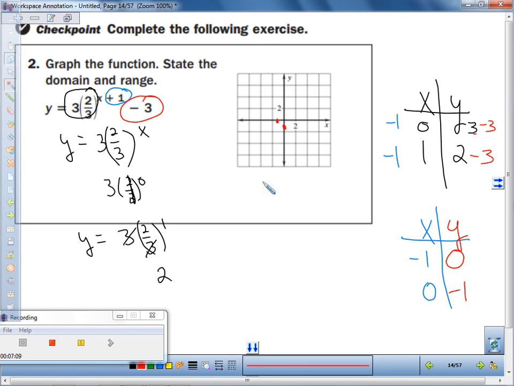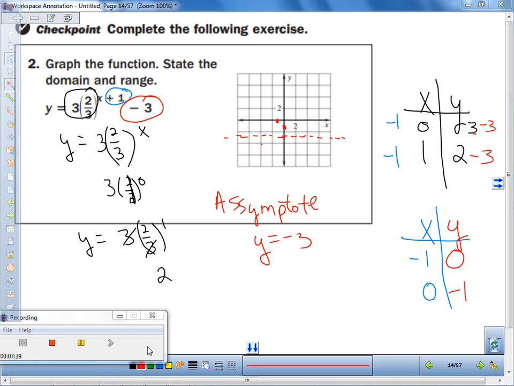Now our asymptote has been changed to y is equal to -3. 2 is here, so 3 would be somewhere in here, so we'll draw a little asymptote in here. That's a little bit off, but that's the line we'll never cross.